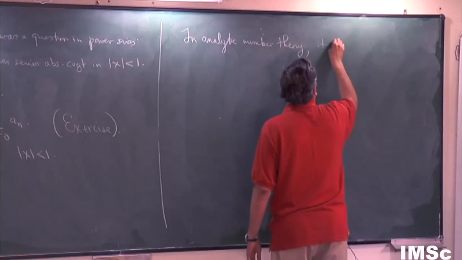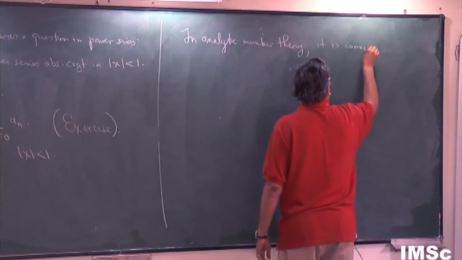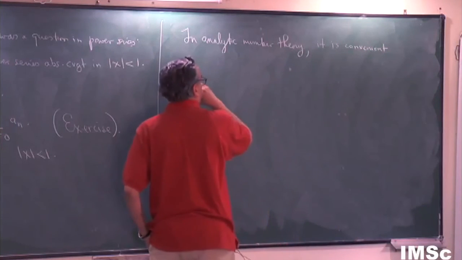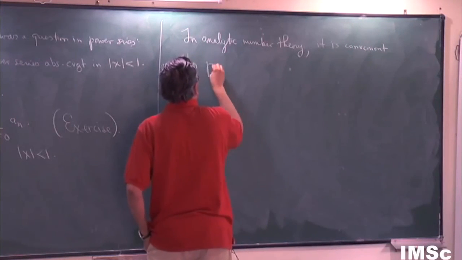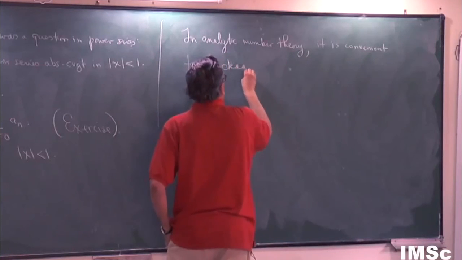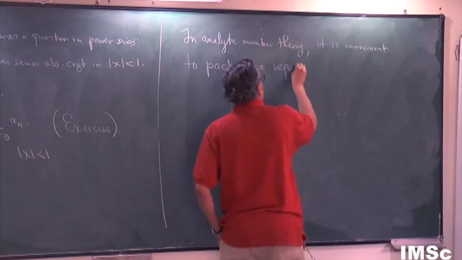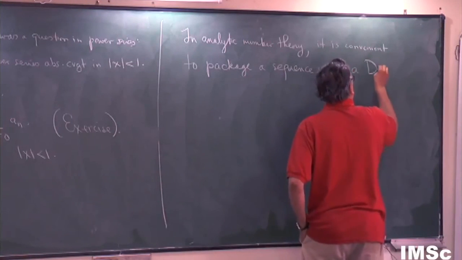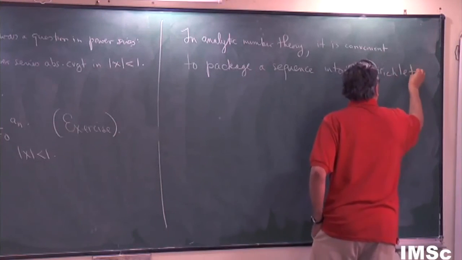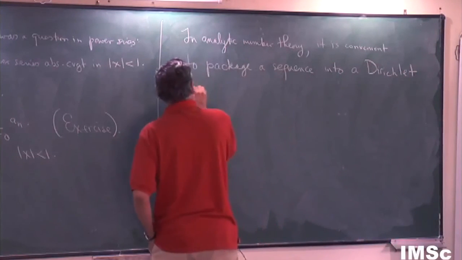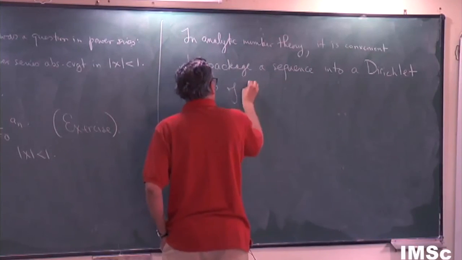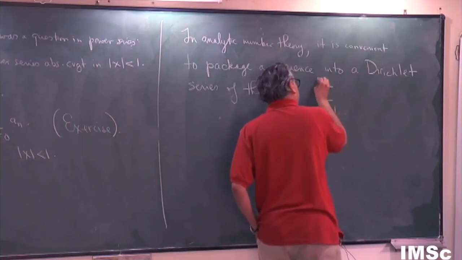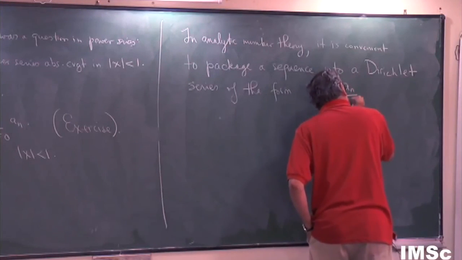it is convenient to package a sequence into a Dirichlet series of the form summation n going from 1 to infinity, a sub n over n to the s.